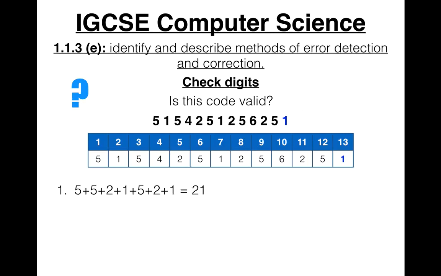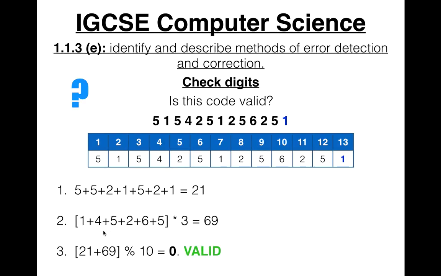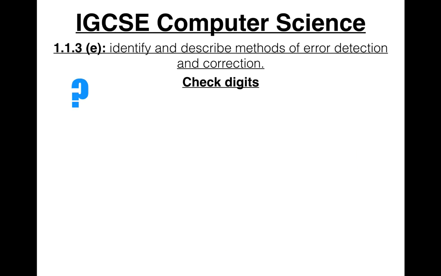Plug it in. 5 plus 5 plus 2 plus 1 plus 5 plus 2 plus 1 gives us 21. And 1 plus 4 plus 5 plus 2 plus 6 plus 6 plus 5, times 3, gives us 69. 21 plus 69 mod 10 gives us 0, so that's valid.